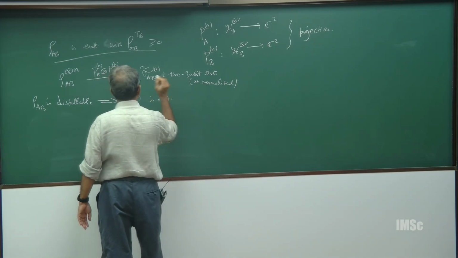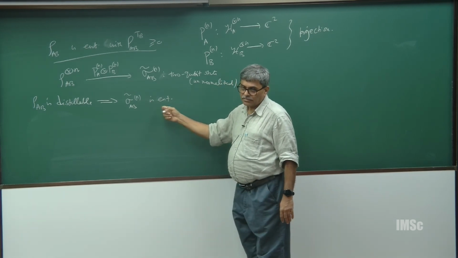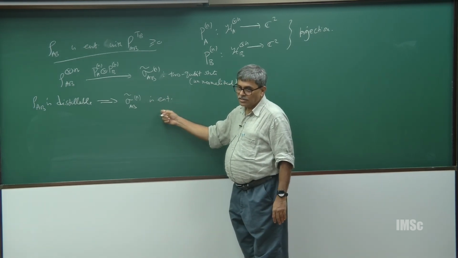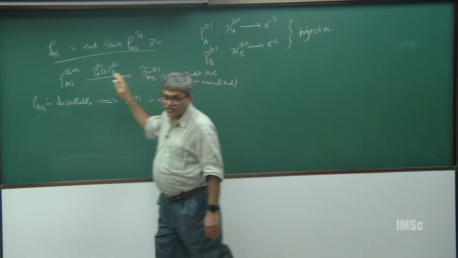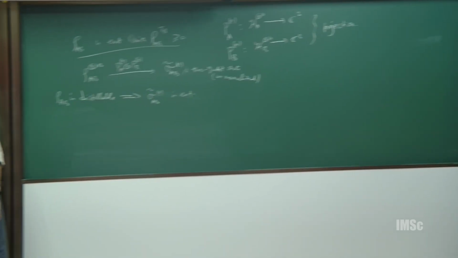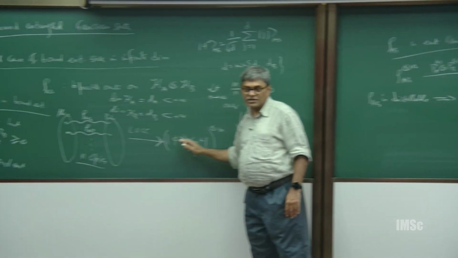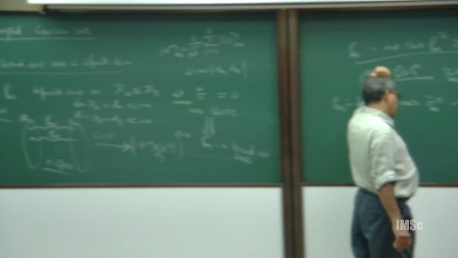So this is a 2 qubit state which is entangled. Is it okay, right? Because unless this is entangled, you cannot have some pure entangled state out of it. It is not possible. So this has to be entangled.